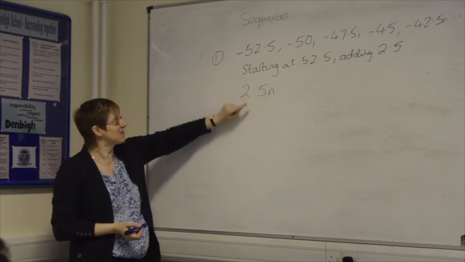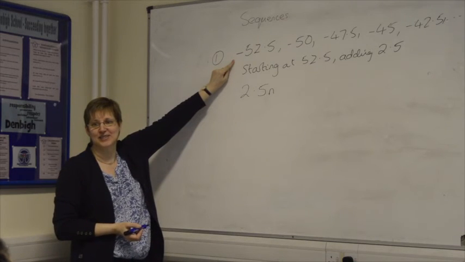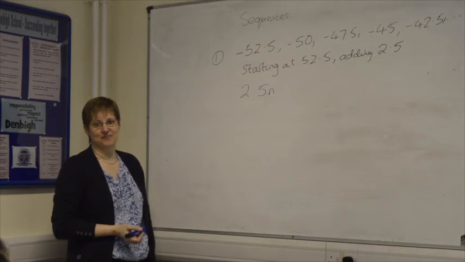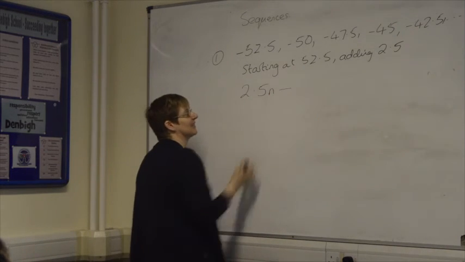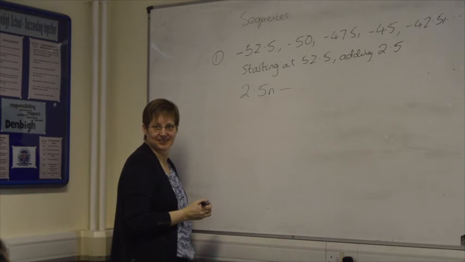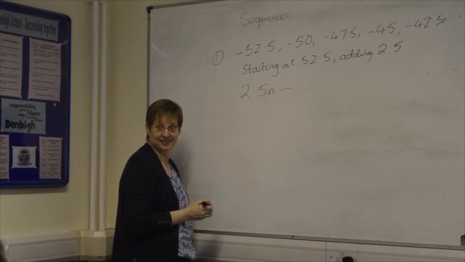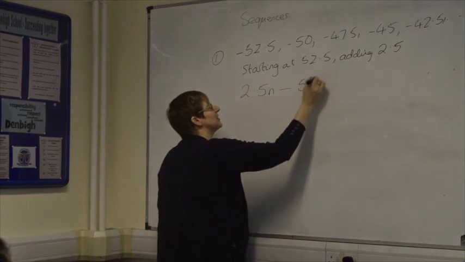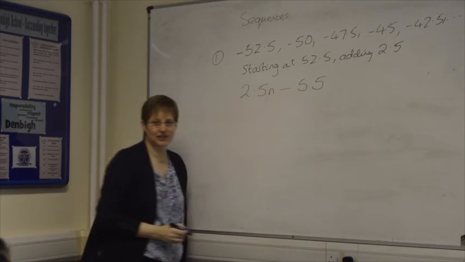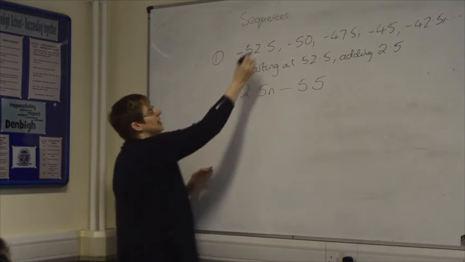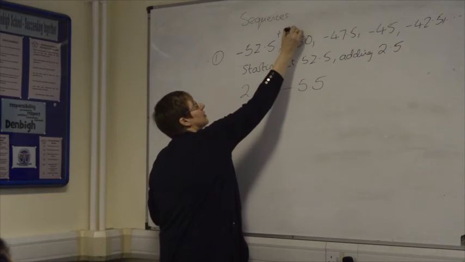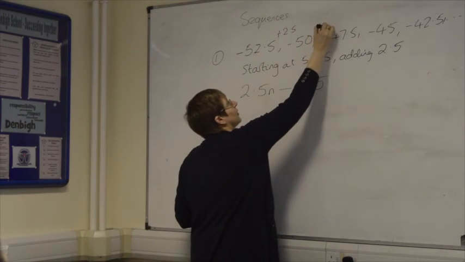So how do I get from there to there? Fred, you want to tell me? Wouldn't it be minus 55? Yes, Fred, it would. Minus 55. It's exactly the same rule, isn't it? We've done exactly the same thing. We've said, right, what are we adding on each time? Well, we're adding on 2.5.